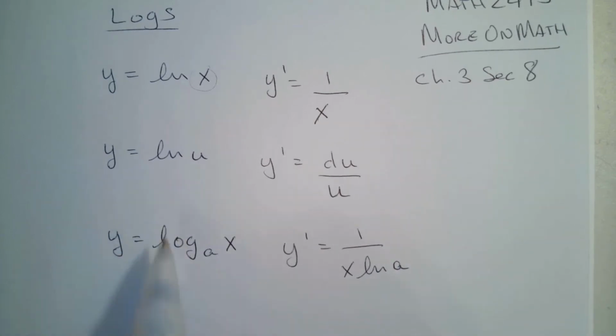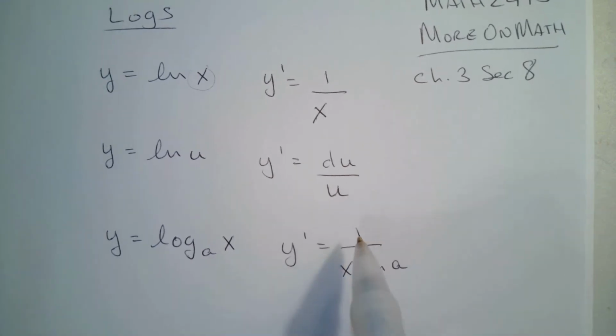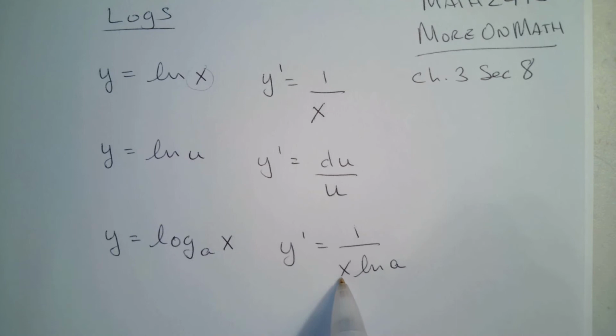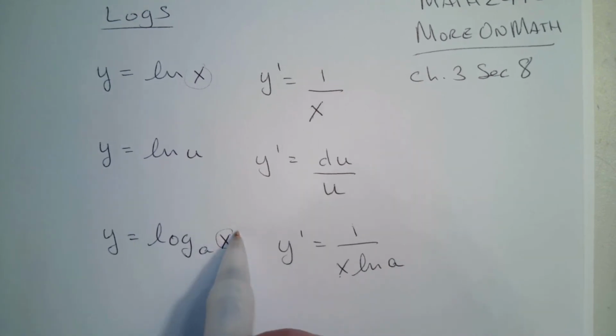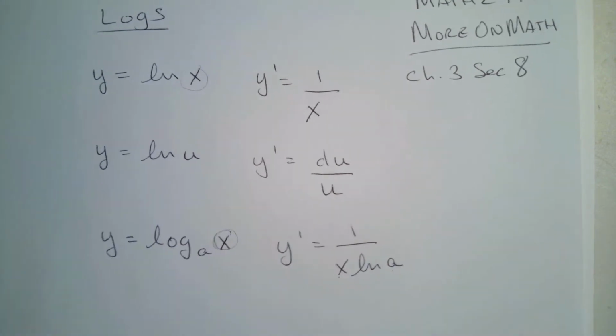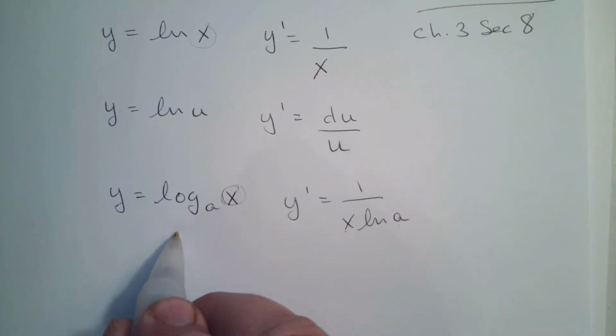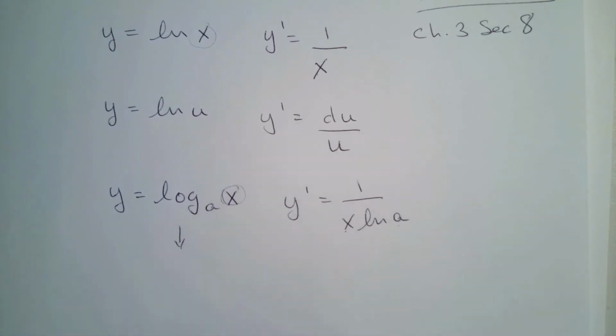Now, that's with ln's. Now, with logarithms with a base, the derivative is simply 1 over x, whatever this function is here, times ln a. What that came from is this, using the logarithmic conversion principles.